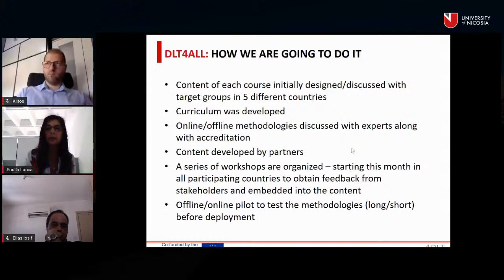We're aiming to prepare content that will be easy enough, but at the same time go into enough depth for everybody to understand blockchain technologies.